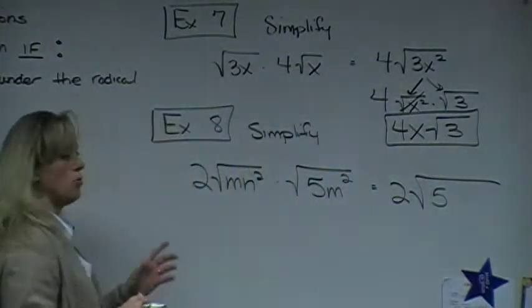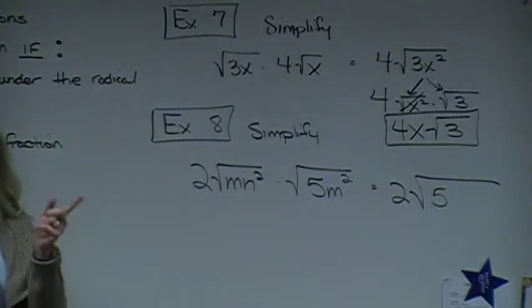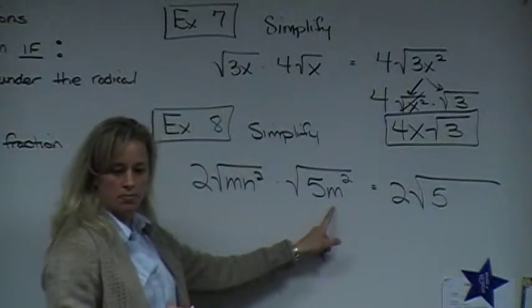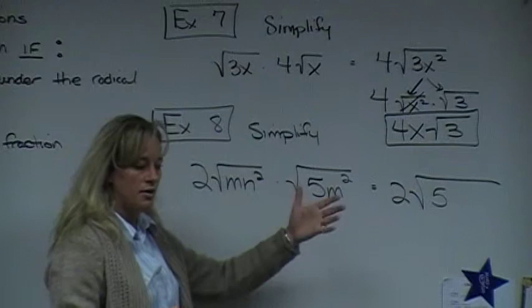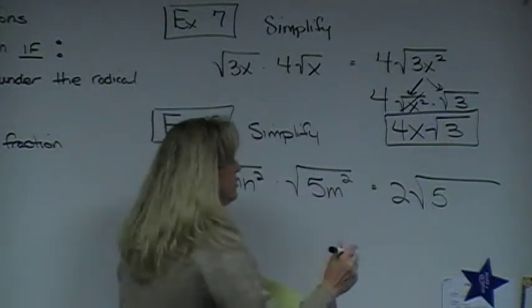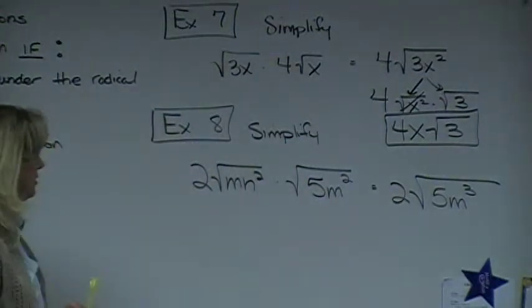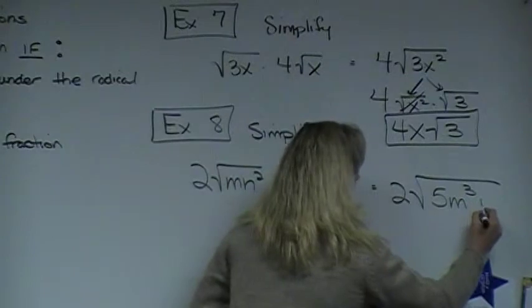Now let's multiply. Remember when we multiply the same bases, what do we do with the exponents? We add them. What's m times m squared become? M to the 3rd power, m cubed, right. And what else do I have under the radical? N what? N squared, good.